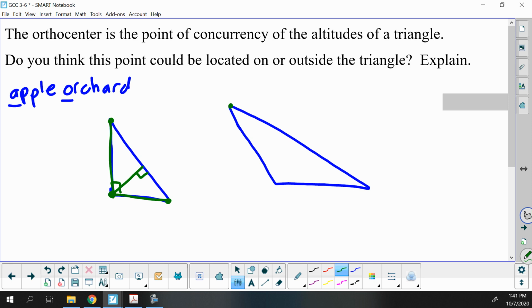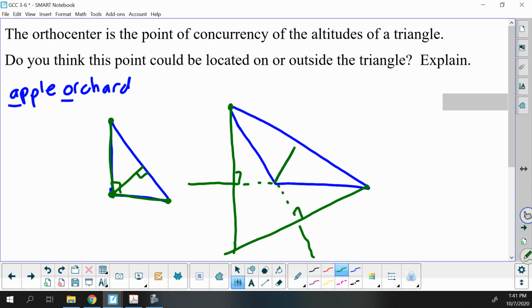For this one here, if we started here and wanted to form a line that's perpendicular to the opposite side, what you have to do is imagine it gets extended and then it gets dropped straight down. And that's our right angle there. Well, from here, similar idea. If we want to form a right angle with that, it would have to be something like that.